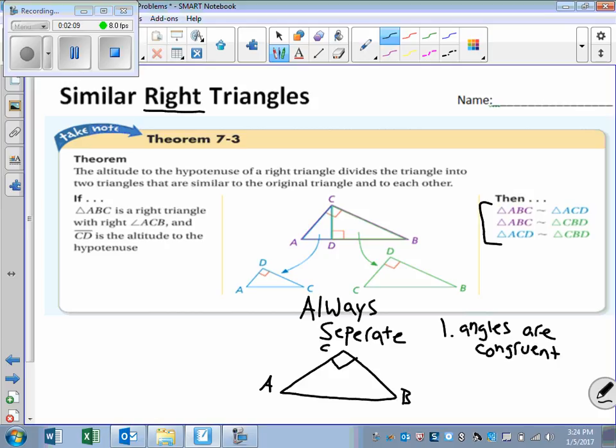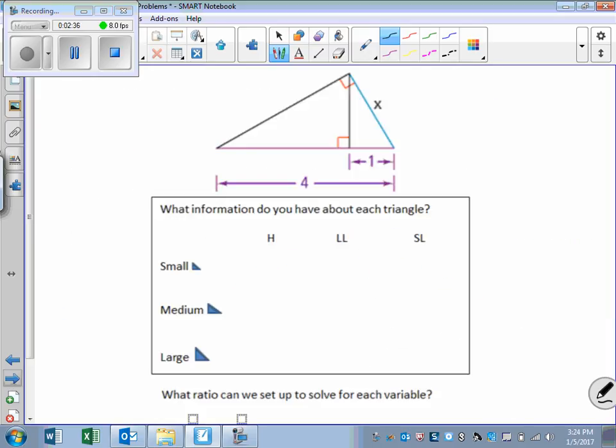And the second thing is the sides are not congruent, but the sides are proportional. Okay? So for right triangles, similar right triangles, those things are still going to be true. Okay? Moving on to the next slide.